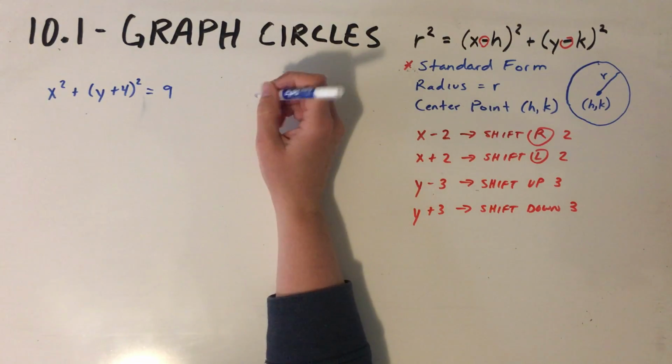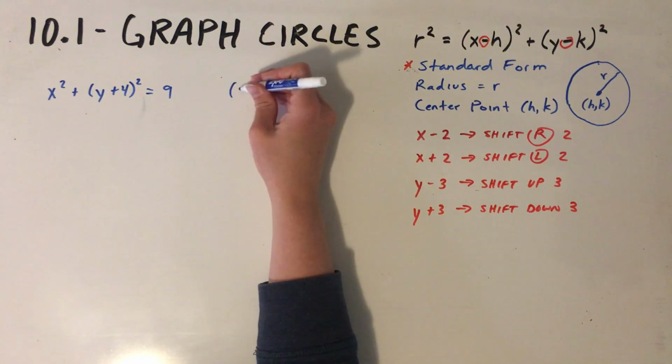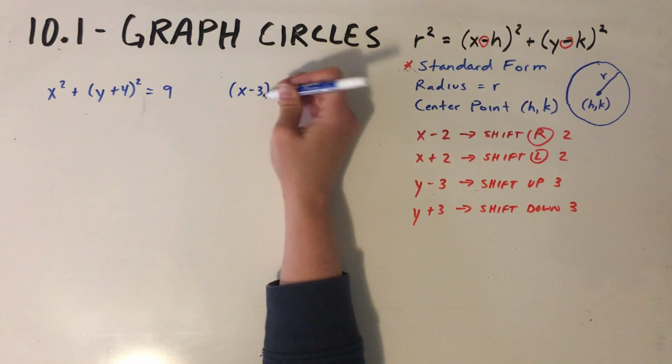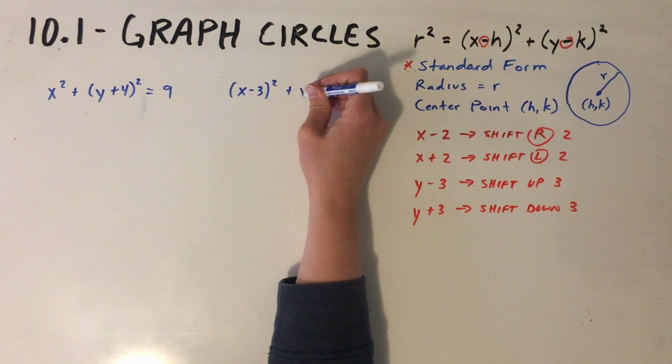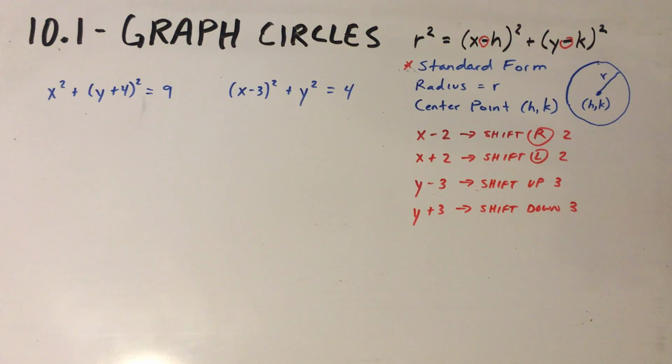We'll do 2 different ones here, one that has a y shift and one that has an x shift, and figure out what our center is and our circle and the radius.